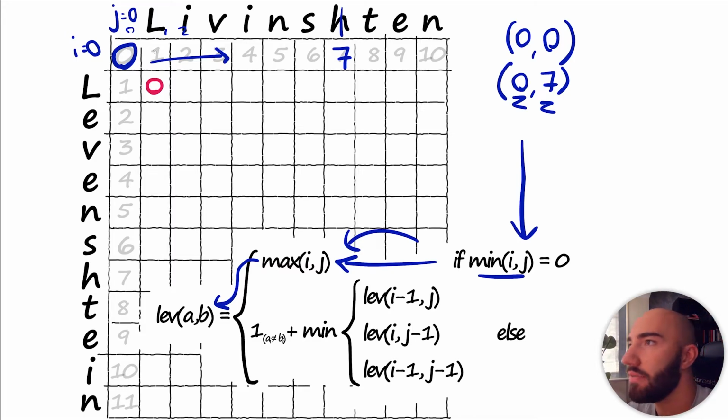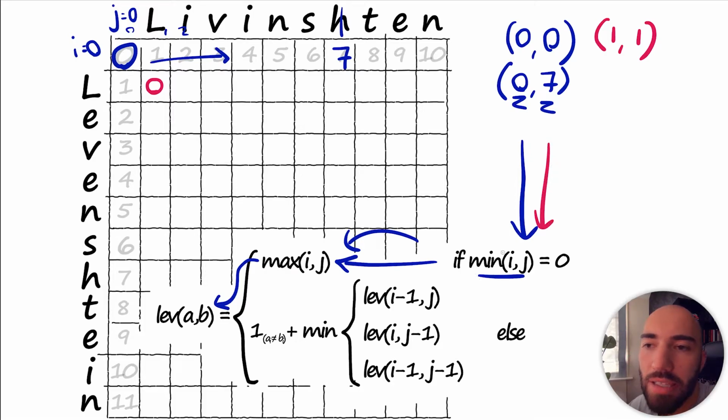So we have this first example here at j equals 1 and i equals 1. So we have 1 and 1. Now we come down here, and we ask, is the minimum of i or j equal to 0? No, they're both 1. So that means we have to go to the else here, and then we pass through this. So what we are saying here is, what is the minimum value of all of these?